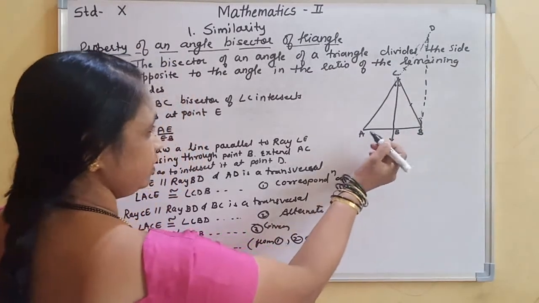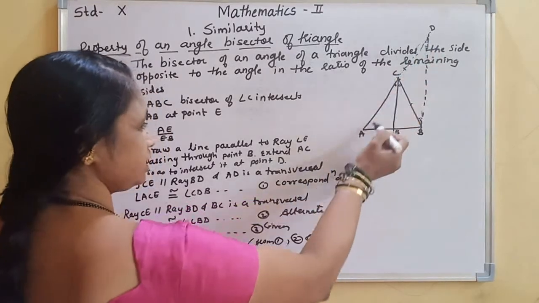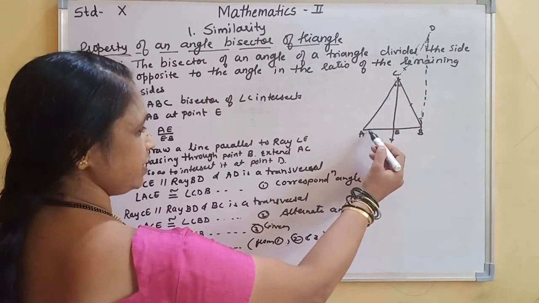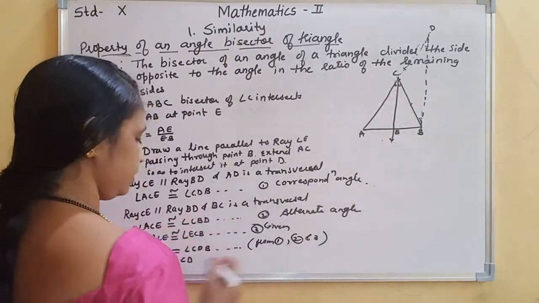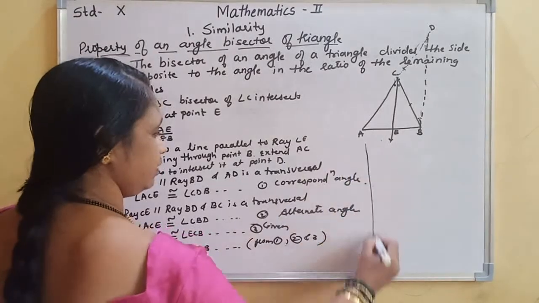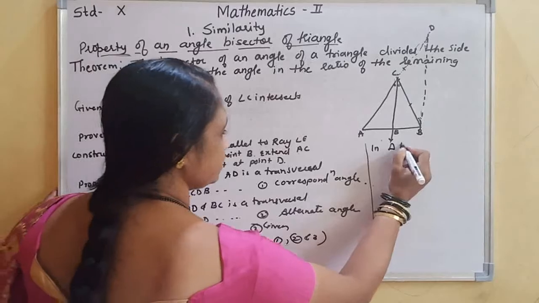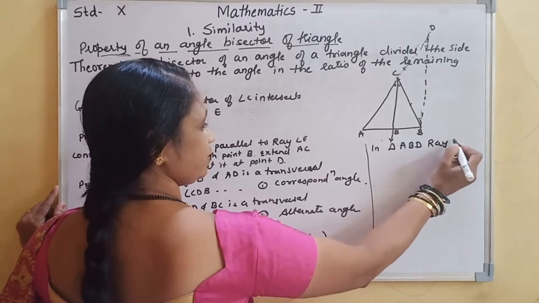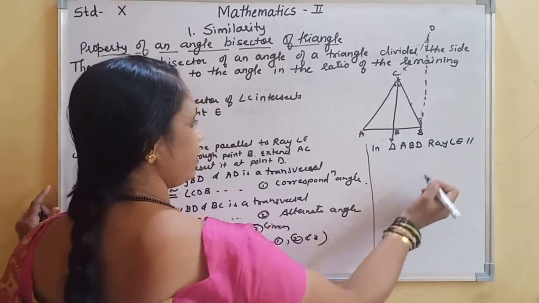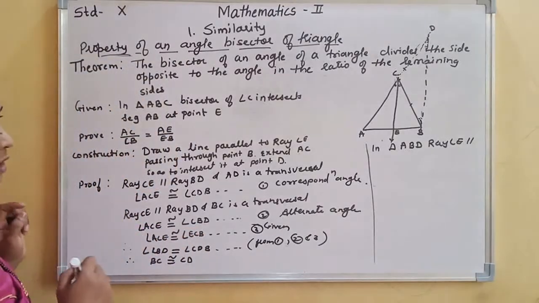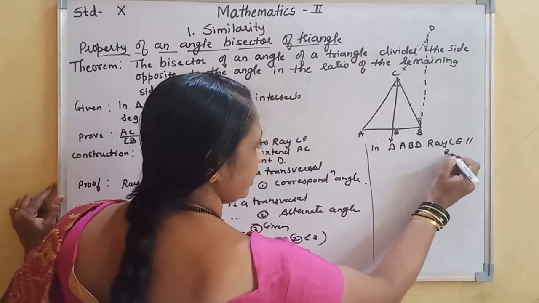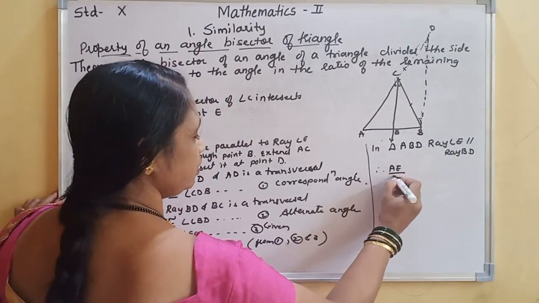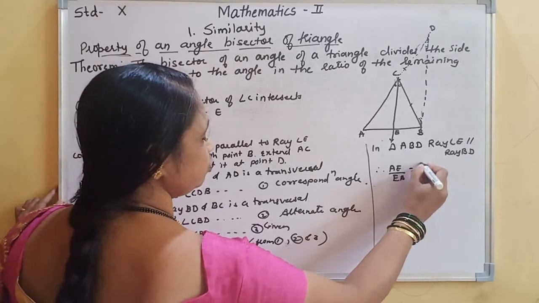AE upon EB is equal to the ratio of sides of this triangle, so in triangle ABD, ray CE is parallel to ray BD.